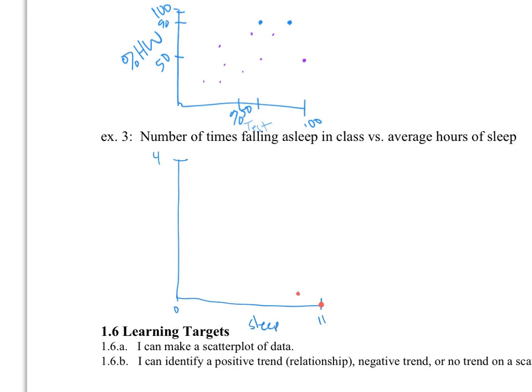Molly, she is somewhere way less sleep and falls asleep in class a lot. Right, so we can just put dots in here, and you were somewhere down there, I don't know where, you're one of those dots. Okay, so scatter plot.